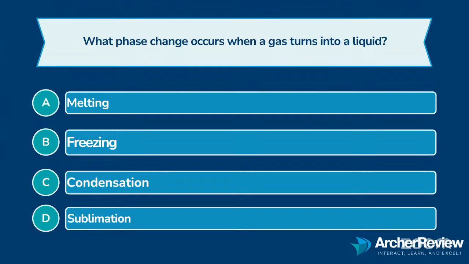What phase change occurs when a gas turns into a liquid? A, melting. B, freezing. C, condensation. D, sublimation.